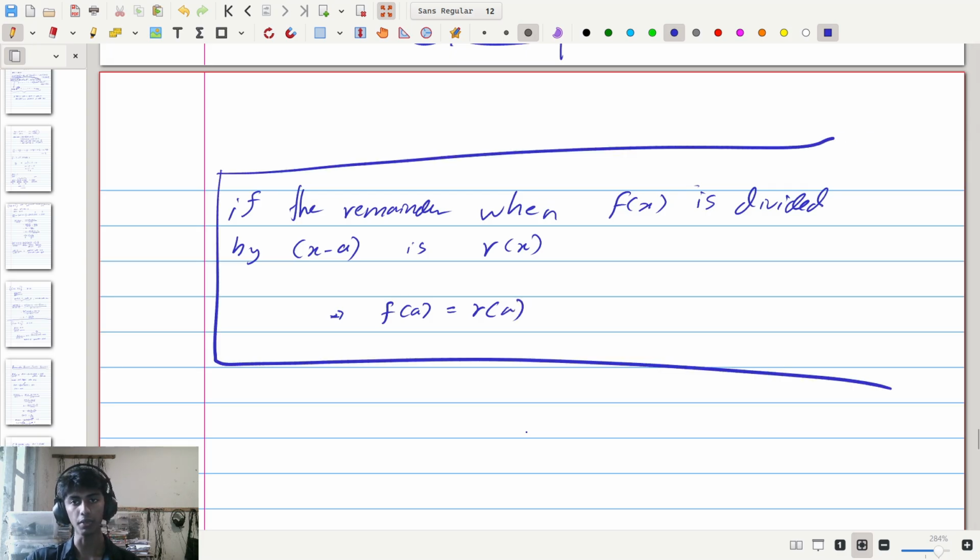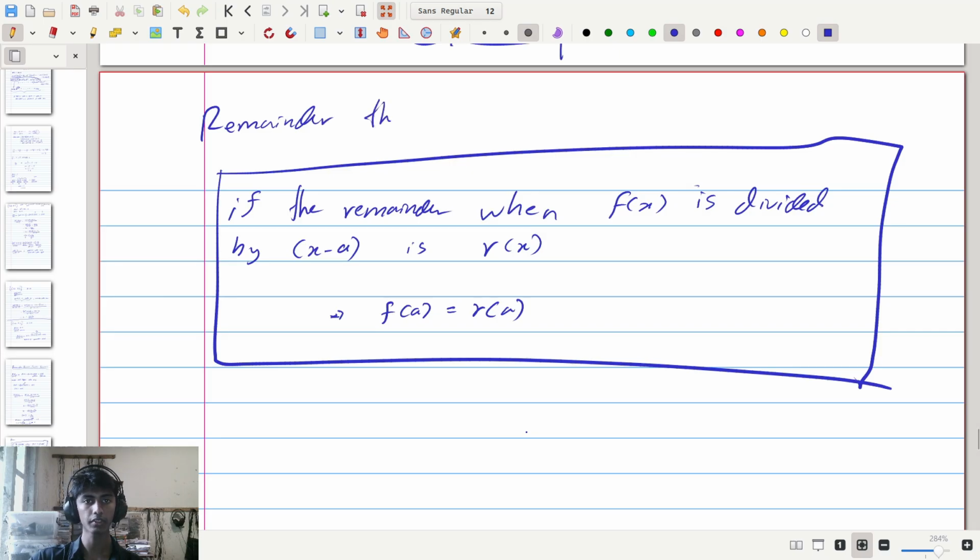This statement, which we have proven to be true, is what we call the remainder theorem. Remainder theorem.